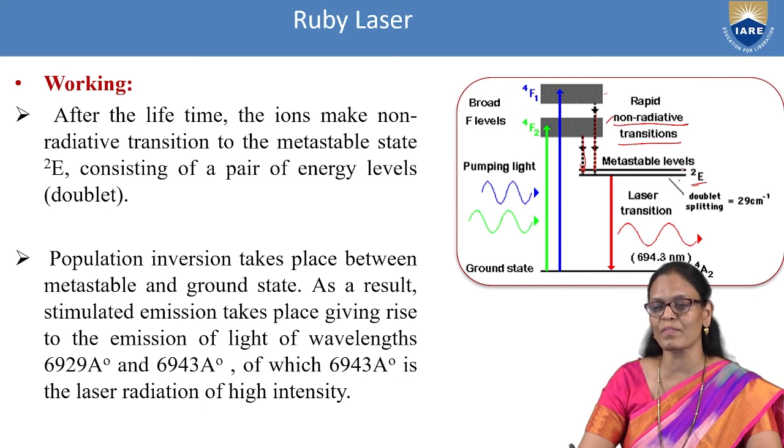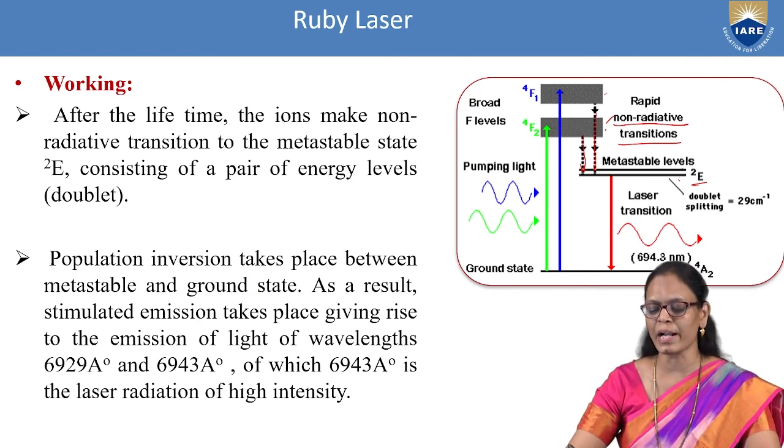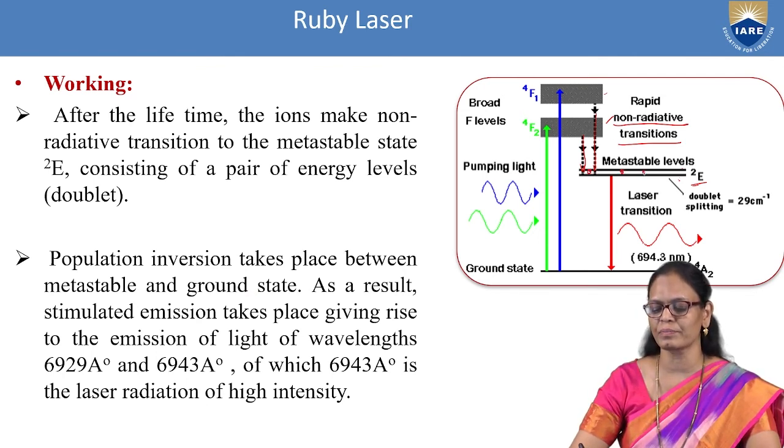So you can see 2 levels. Doublet means 2 levels which are placed very closely. Population inversion takes place between the metastable and ground state. These atoms which are now in the metastable state, still N2 is greater than N1, so the population inversion is achieved. Because of this, there is emission.